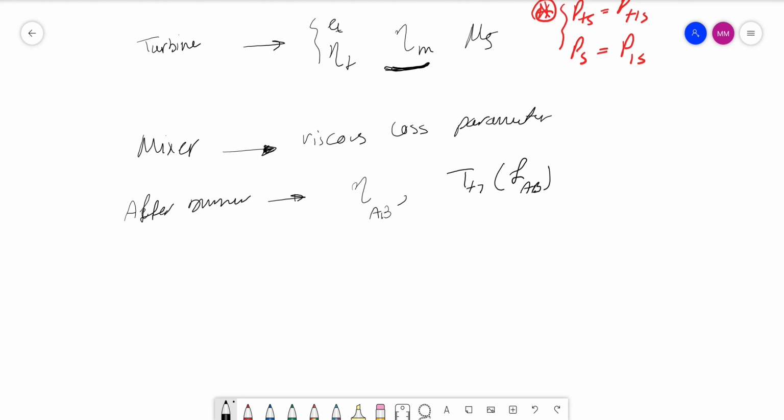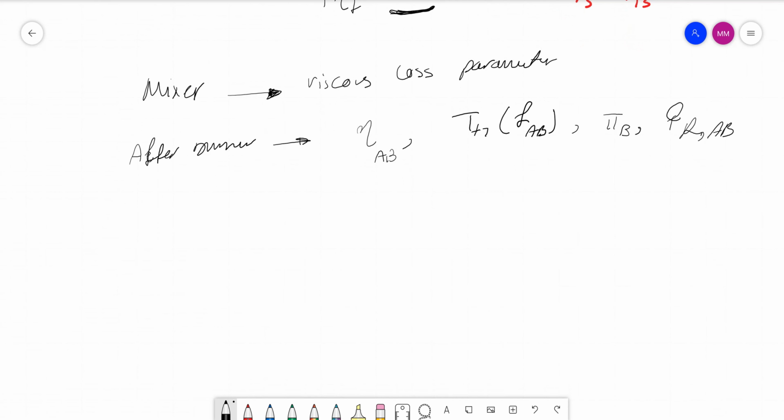Both of them work because we have the relationship between the two, as well as the pressure ratio. And something that you need to make sure you have is the ideal heating value for the afterburner's fuel. So here you want to make sure whether you are using the same fuel or not. If not, then you have to have an ideal heating value for the afterburner here. Okay, and eventually you get to the nozzle.